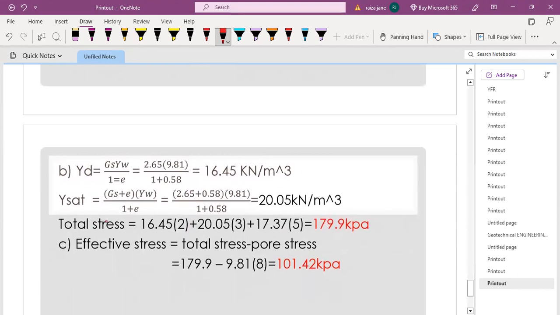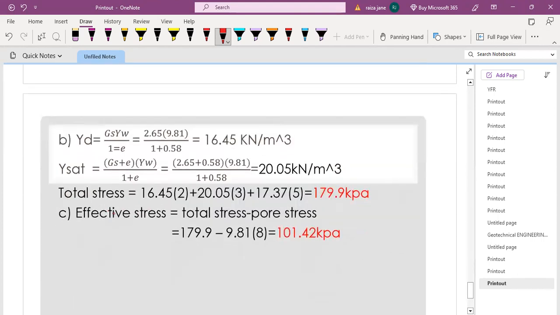Next, our dry density, or unit weight of dry, so specific gravity multiplied by unit weight of water over 1 plus E. So, 2.65 times 9.81, ayun yung unit weight ng water natin, over 1 plus 0.58, equal to 16.45 kilonewton per cubic meter.